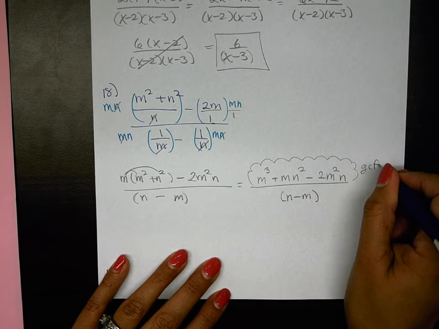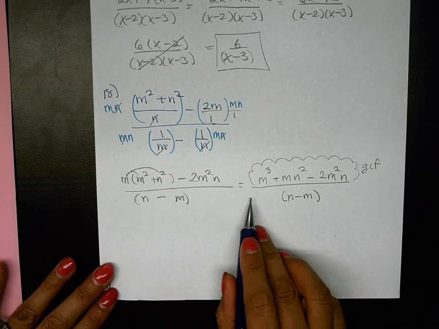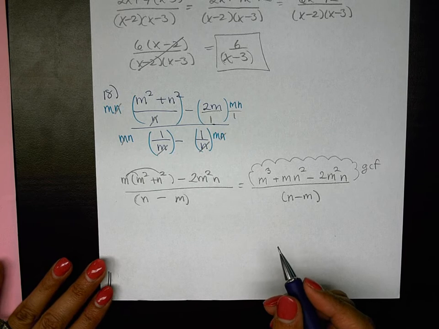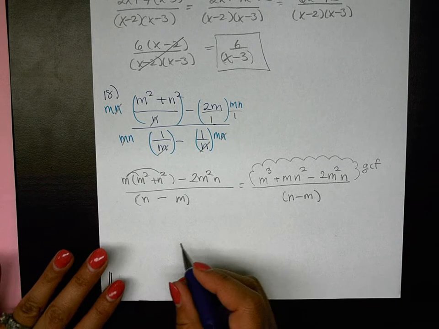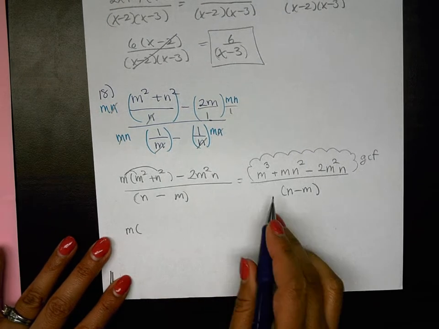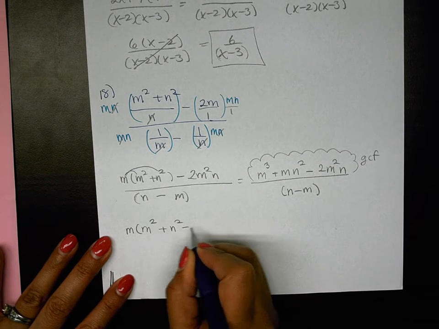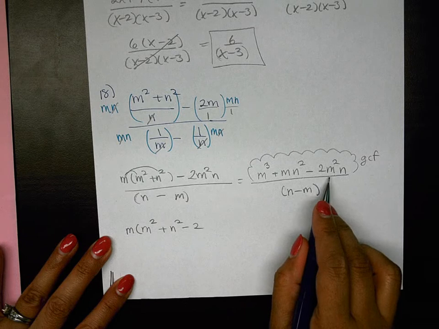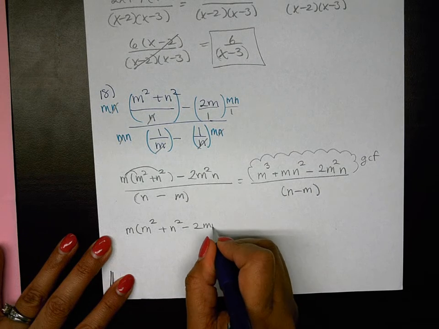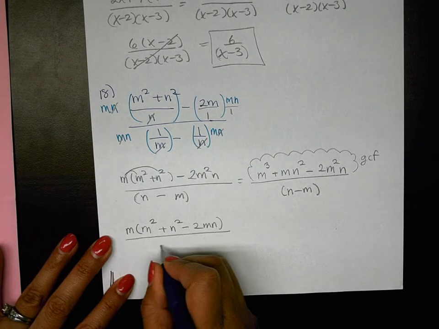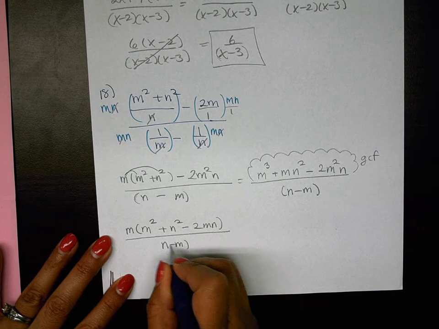I can factor out an m, leaving behind m squared plus n squared minus 2 m n over n minus m.